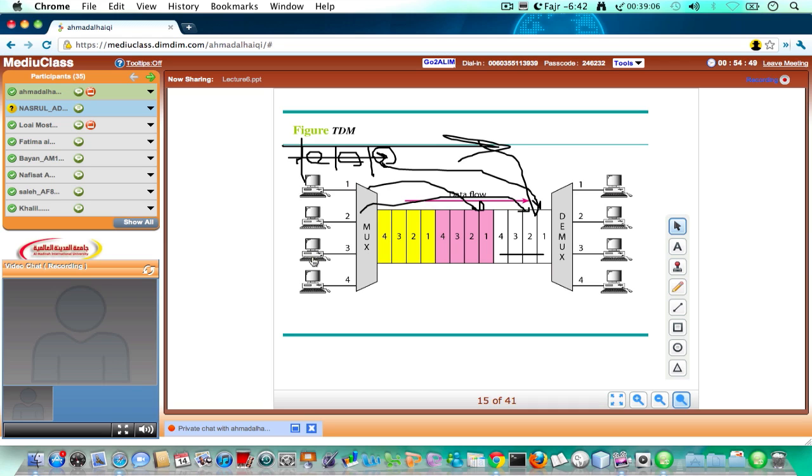Why? Because we need to combine each of the four. I will explain like this. If you are just taking an input from 1 and sending this, then from 2 and sending this, it is just parallel to serial. But we are doing multiplexing, means we are using a high bandwidth, means high bit rate.